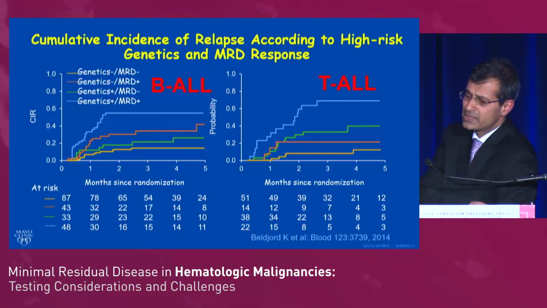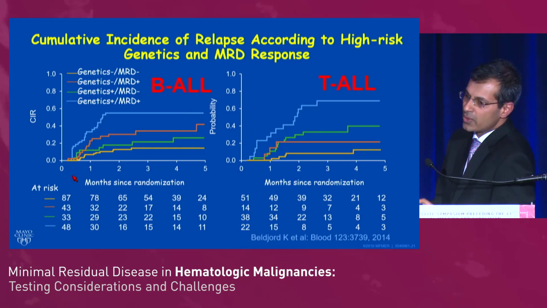This is a very elegant study by the GRA ALL group that actually looked at not only the MRD status of patients who were treated with essentially adult patients who were treated with pediatric regimens.